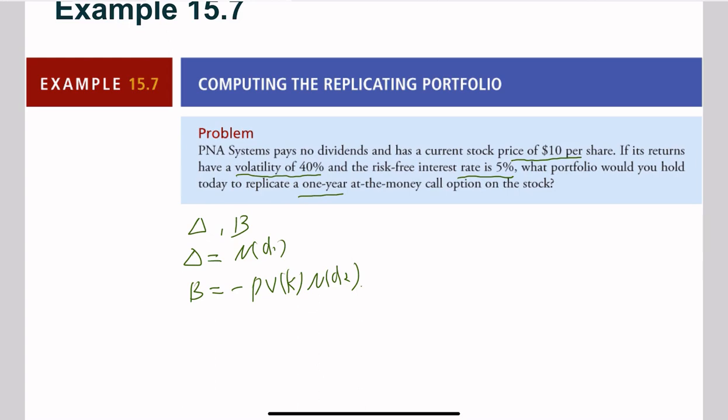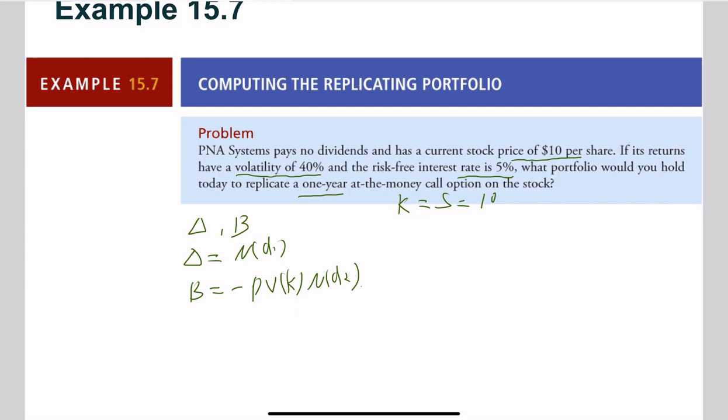And then we also need exercise price. You can see that this is the at-the-money call. We learned in the last chapter, if exercise price equals the stock price, then this option is at the money. So this basically means the exercise price equals stock price, which is $10.